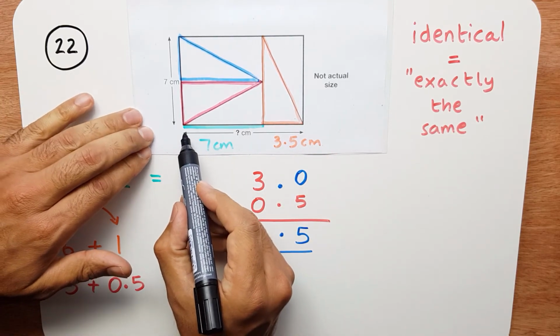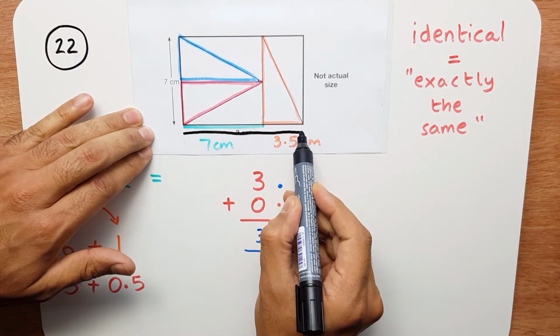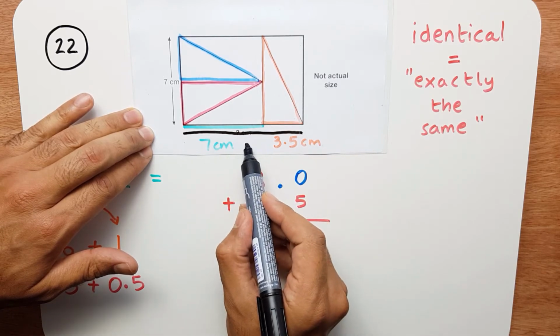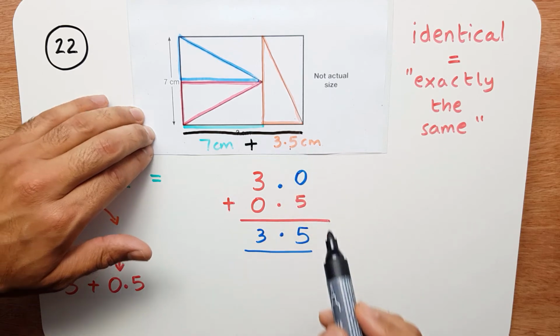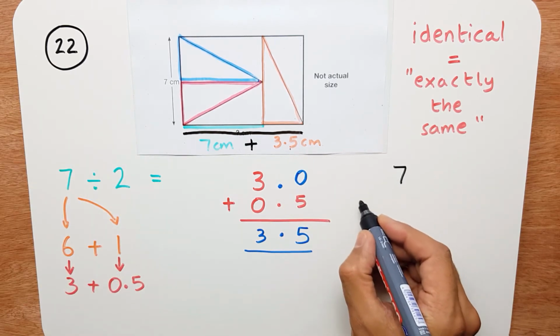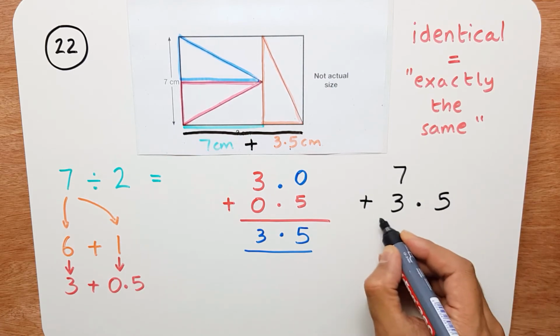So in total, the full length of this rectangle is 7 centimeters plus 3.5 centimeters. So let me do a column addition here. 7 add 3.5.